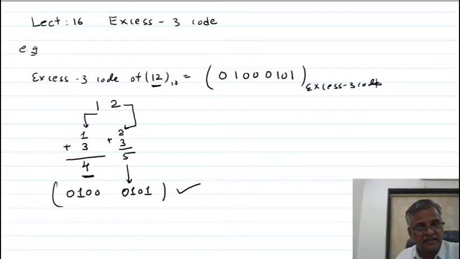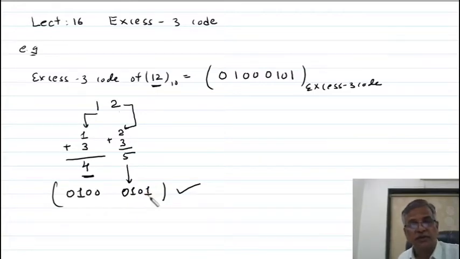Listen again. XS3 code of any given decimal number can be obtained by adding 3 to each digit of the decimal number. Then this is represented by a 4-bit binary number.